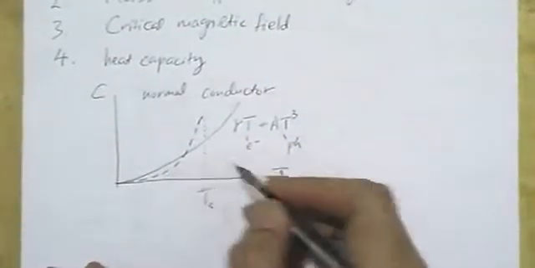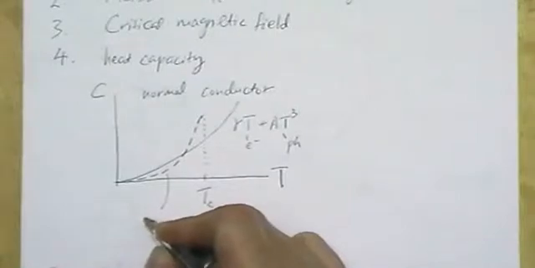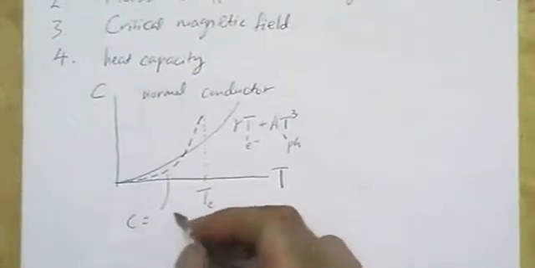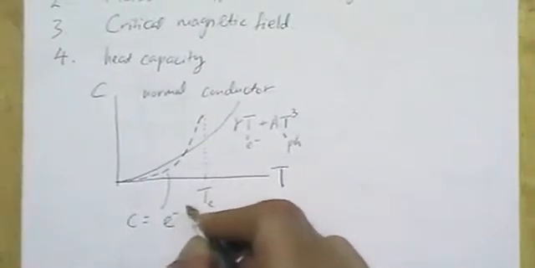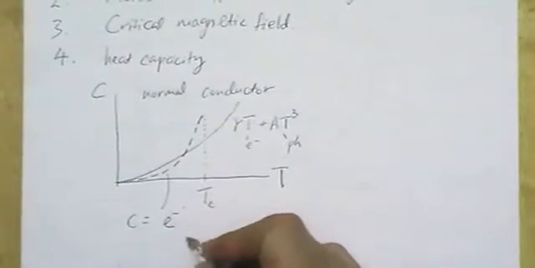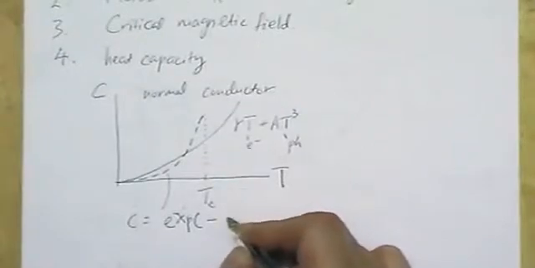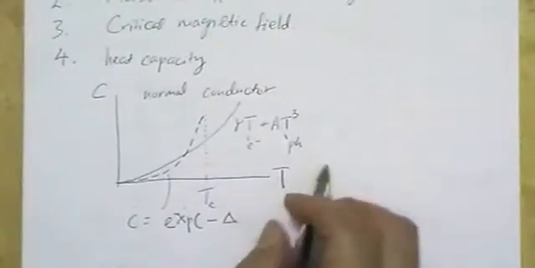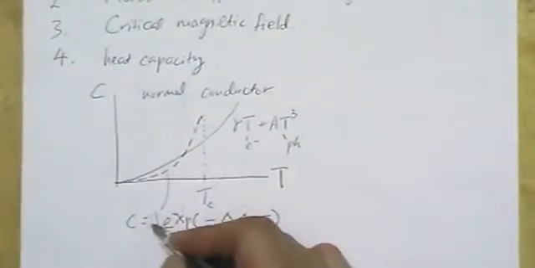Okay, and this curve is described by another equation that goes as C equals to e to the power of minus, let's see, exp bracket minus a certain number that I call delta divided by kBT, and there could be a constant in front.